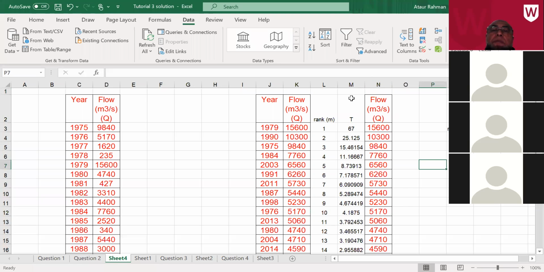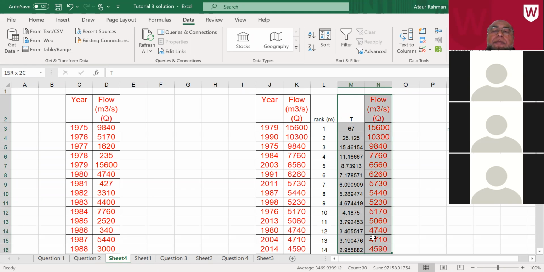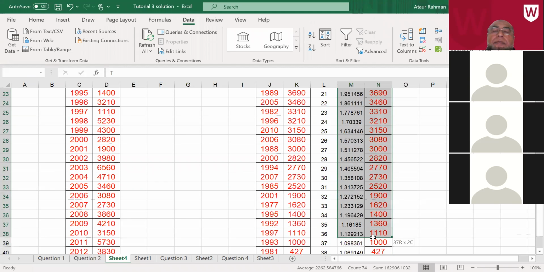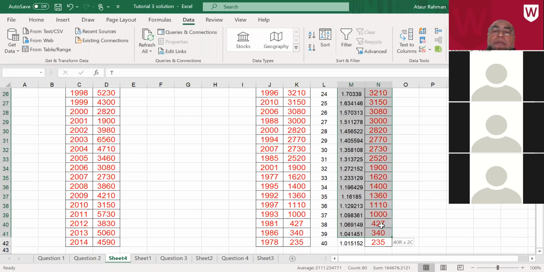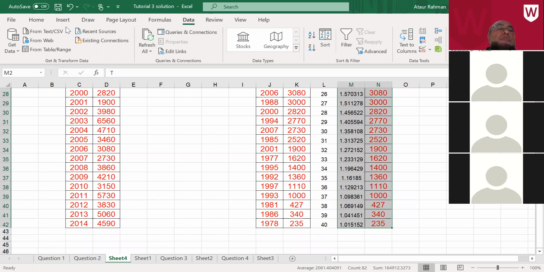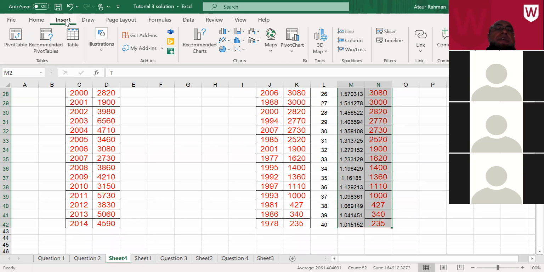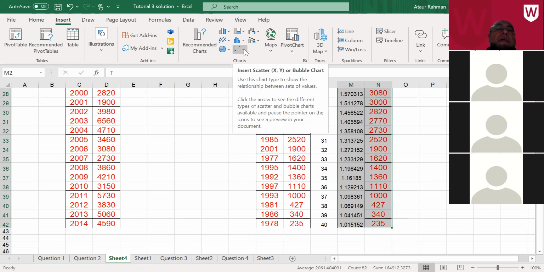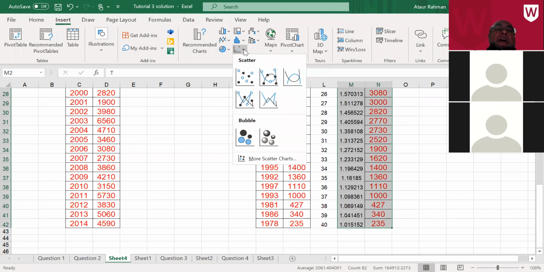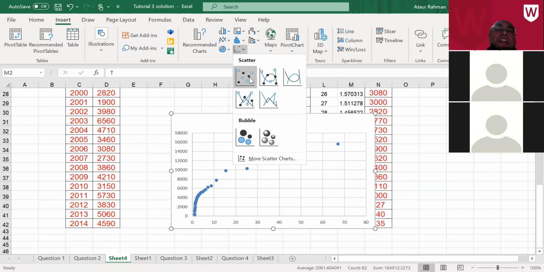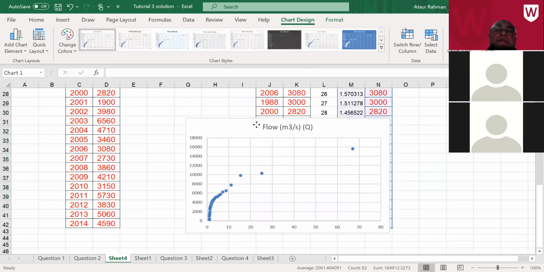Now I want to do a plot of these two. So I'm selecting the data and then I'm going to do a plot, insert, and we can do a scatter plot like this.